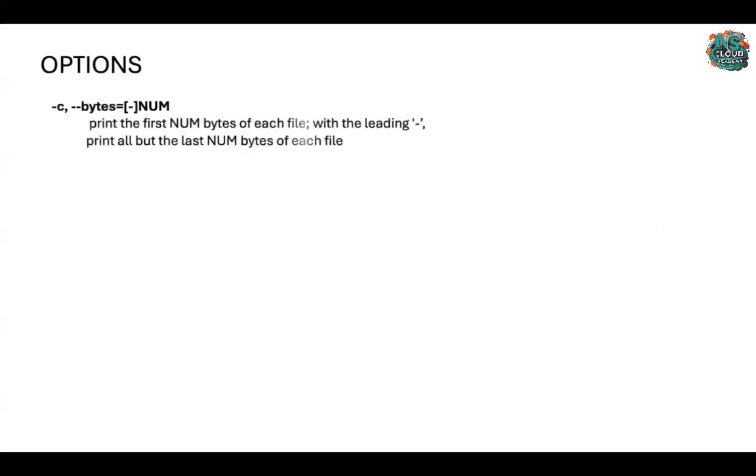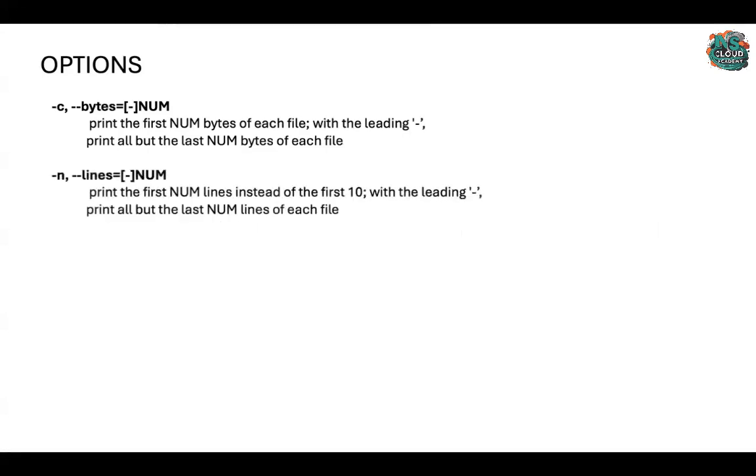So what options are available with the head command? You can use -c or --bytes, to count the bytes too. Then there is the -n option and the --lines option.